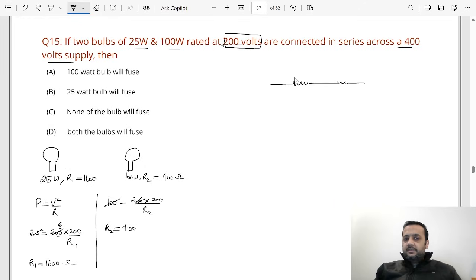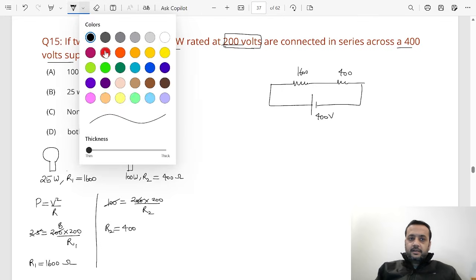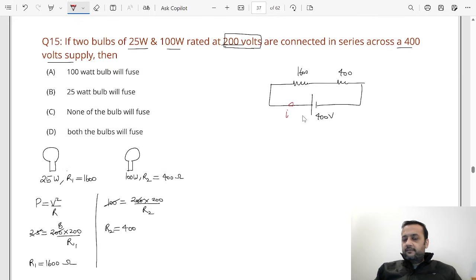Now, R1 for bulb 1 is 1600 and R2 is 400, connected to a supply of 400 volts. What is the current flowing in this circuit? The current will be 400 upon 2000 ohms, that means 1 by 5 amperes.